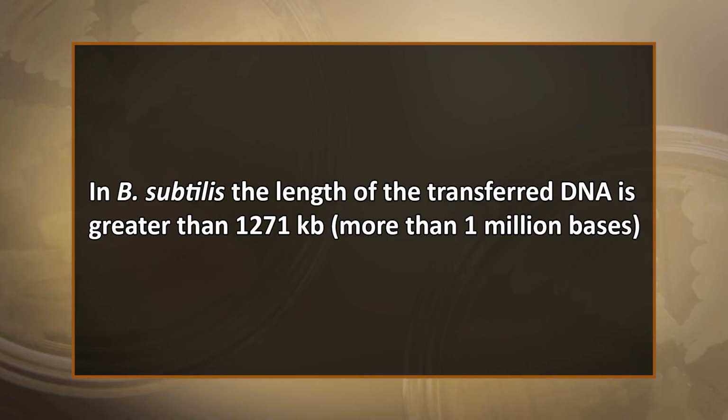In Bacillus subtilis, the length of the transferred DNA is greater than 1271 kilobase pairs, that is, more than 1 million bases. The length transferred is likely double-stranded DNA and is often more than a third of the total chromosome length of 4215 kilobase pairs.